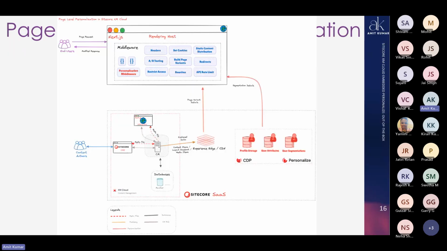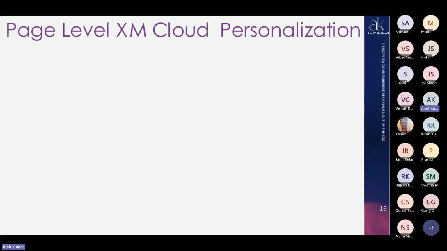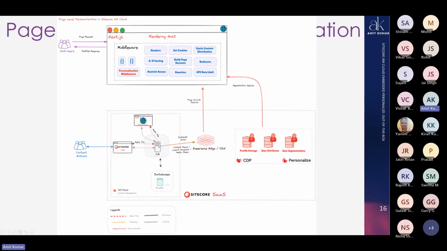So here I am trying to explain page level personalization, how it is happening. As you are aware, there are two types of builds happening in a Next.js site, or if you are building a headless application, you can either build with static site generation, or you can do server-side rendering.